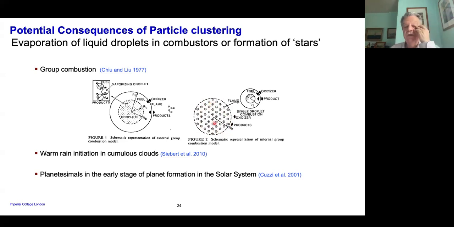So eventually you cannot evaporate more, and these evaporate as groups rather than individual droplets. And an interesting thing is that this physics is also relevant to the solar system and how planets and stars are formed due to particles being concentrated.